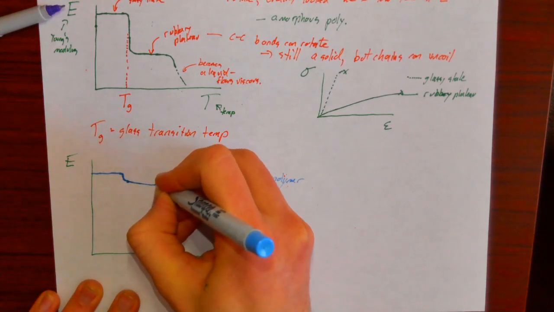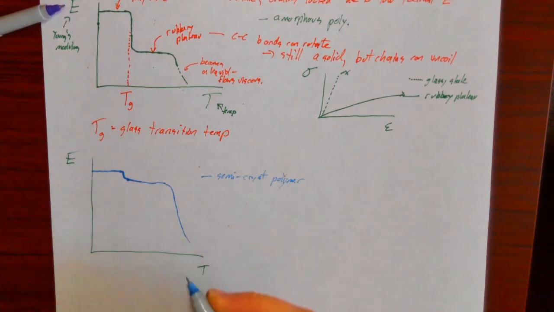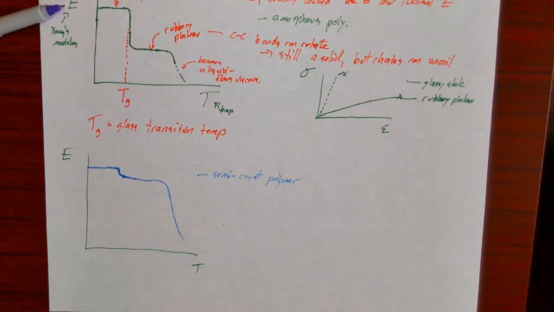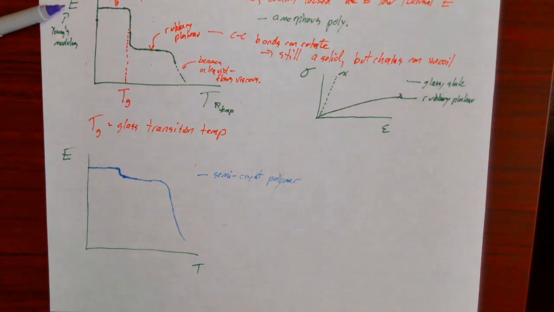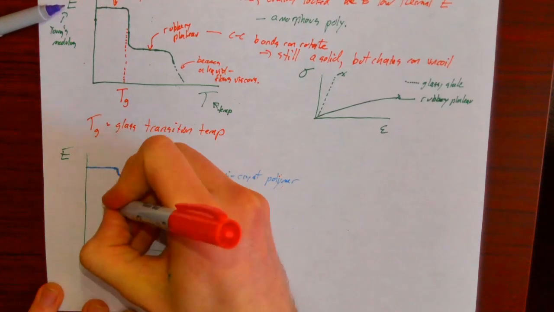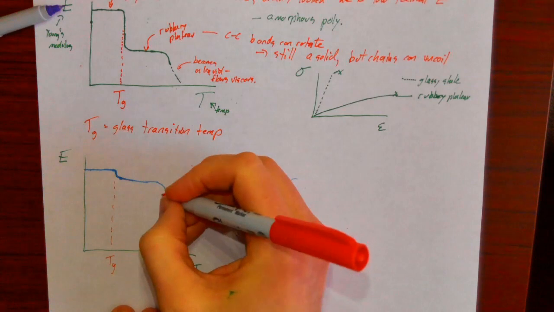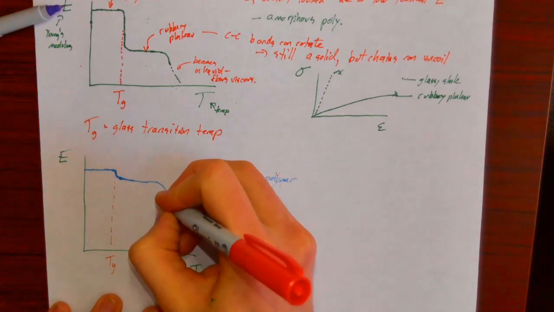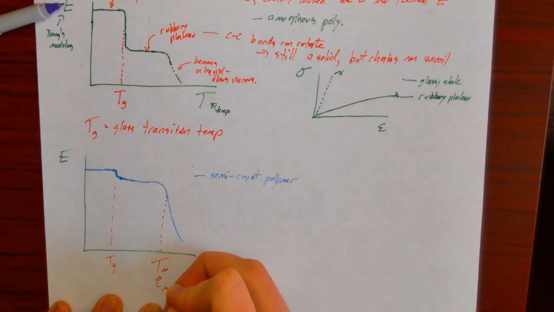And then later on, only later on, do we get a much more pronounced dip in terms of a loss of mechanical properties. So we still have our T sub G right here, but then we have this other sort of roll off right here, which I'll call T sub M, and this is what we call the melt temperature.